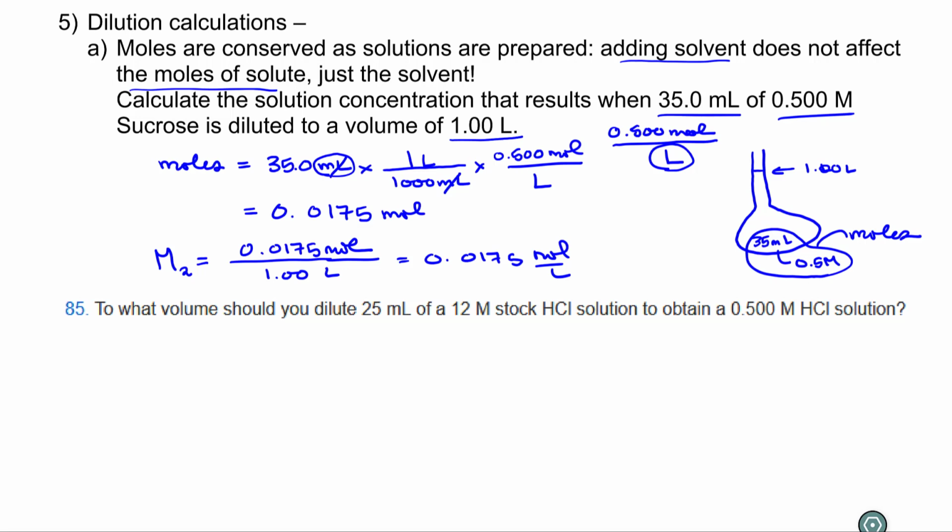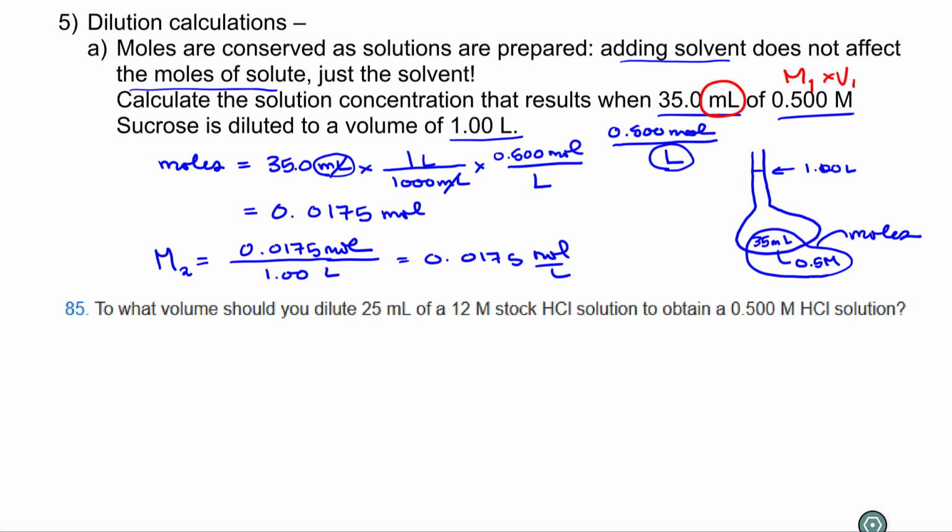Now, let's review really quickly what we did, and we'll come up with a nice little shortcut for doing dilutions. And the shortcut is this. When I did this problem, I took molarity 1 and I multiplied it by volume 1. Now, be careful, right? You have to make sure the units match.